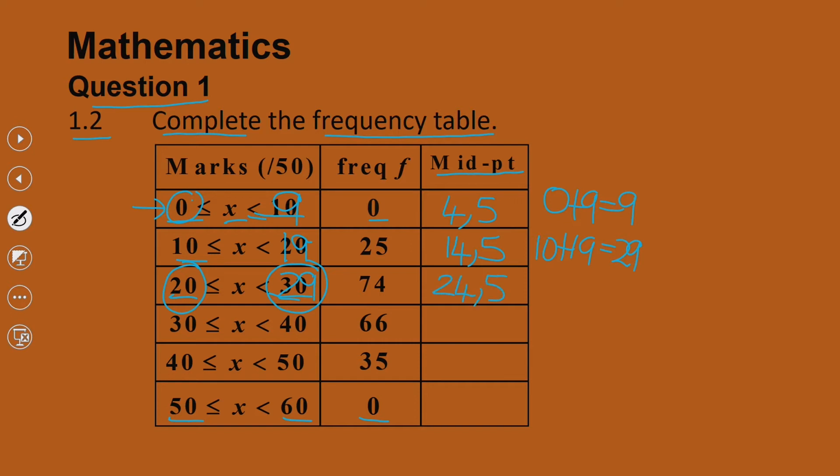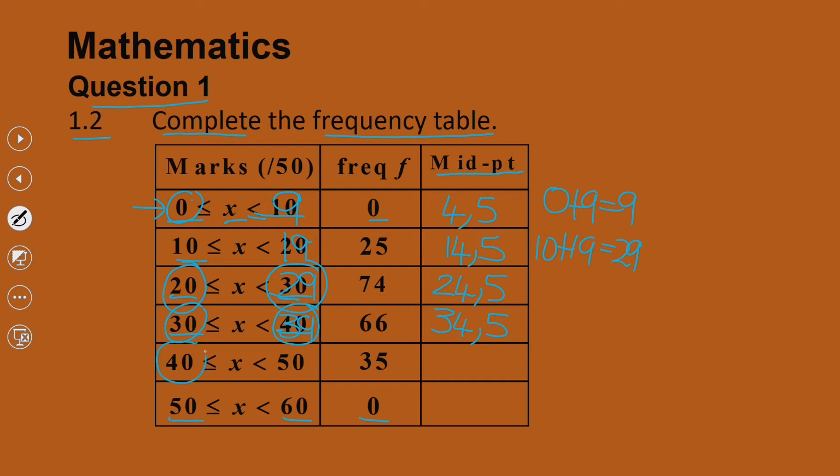24,5. And the next step is from 30 up to 40, but which is actually up to 39. So then we say 30 plus 39 gives you 69 divided by 2 gives you 34,5. I hope you are getting the gist of that. Are you still with me?